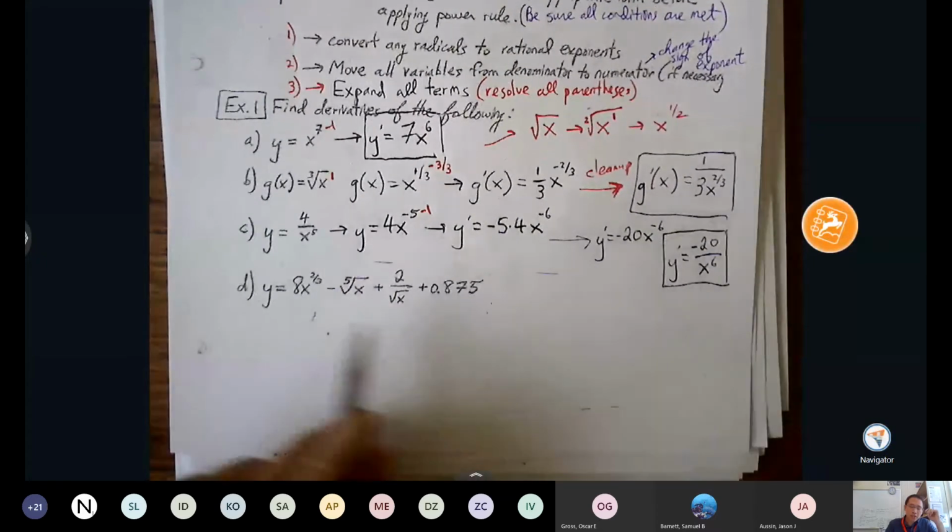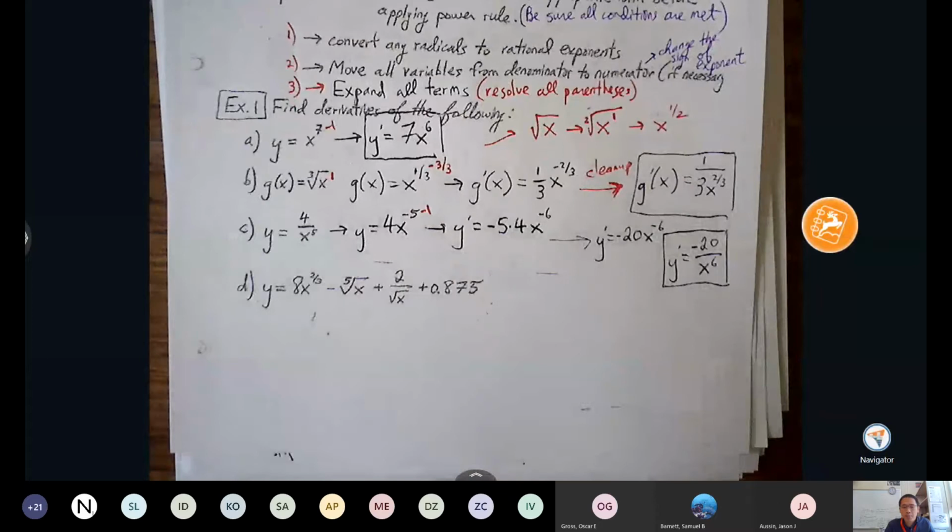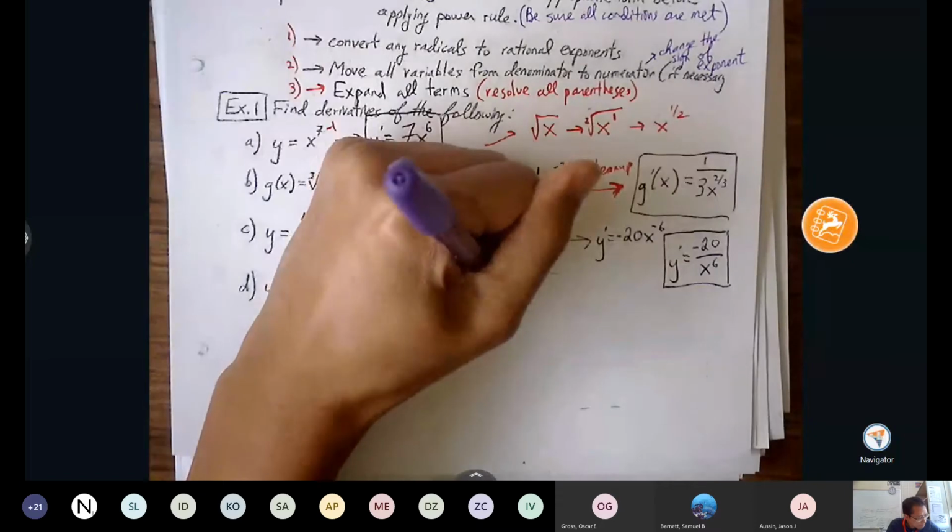Okay, part D. This looks more complicated because we have multiple terms, but notice that there are no parentheses in the way, so we can really treat each like a separate problem. We'll treat each term as a separate power rule problem.